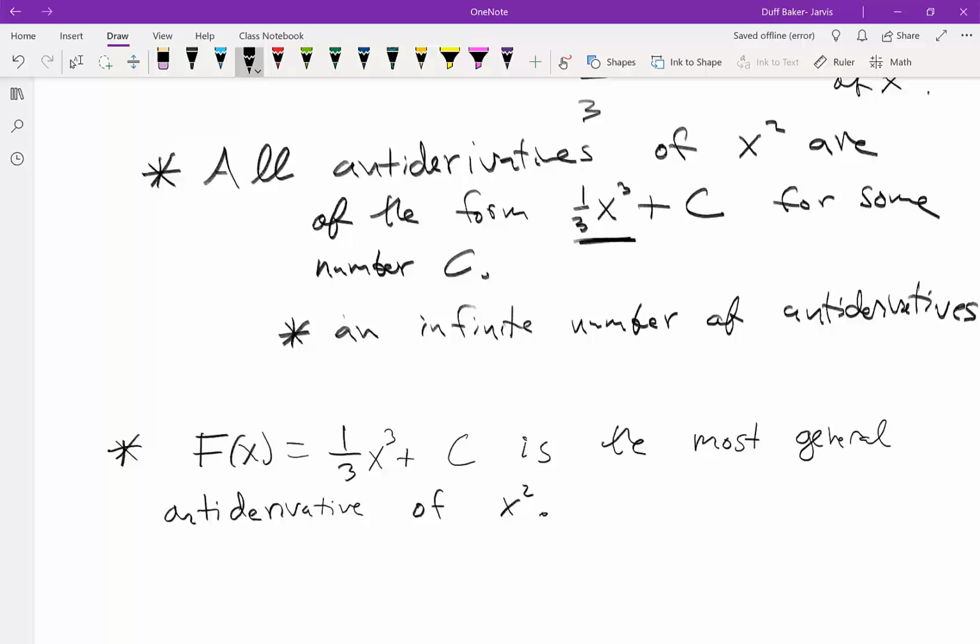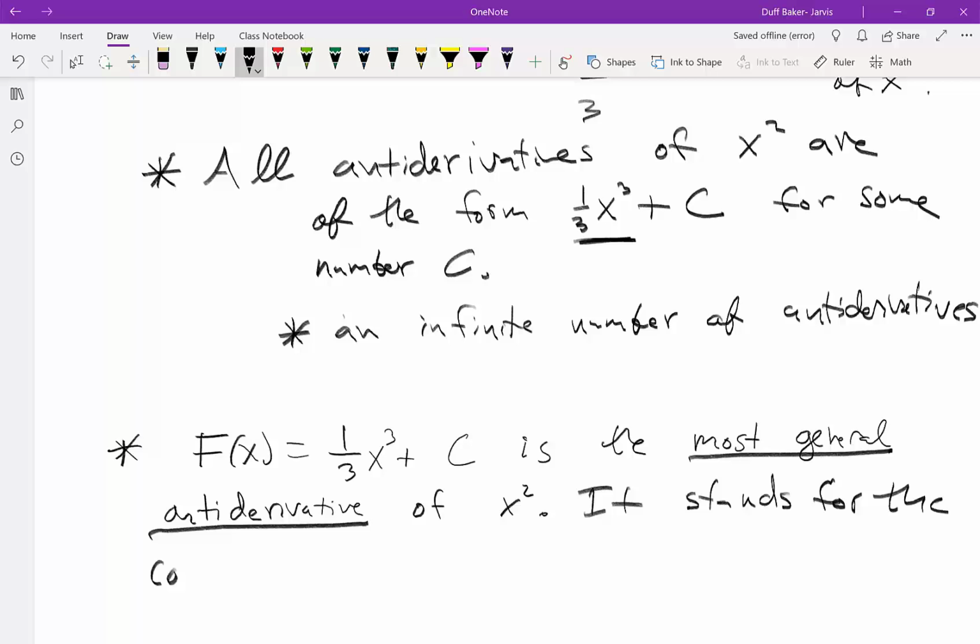So whenever we say the words most general antiderivative, what that really means is it stands for not just one particular function, but really, you could plug in any c value. So you get one for each c value. And so it stands for the collection of all antiderivatives.